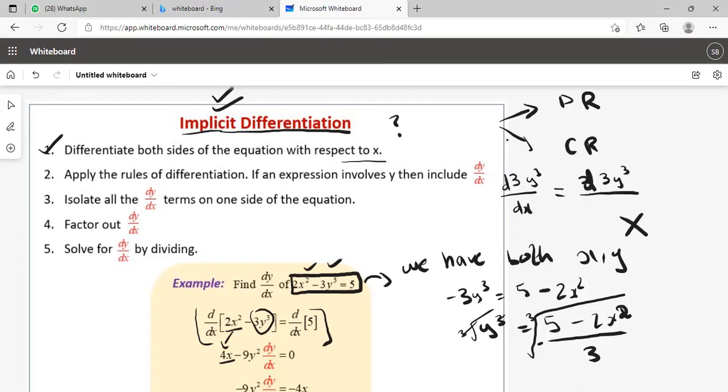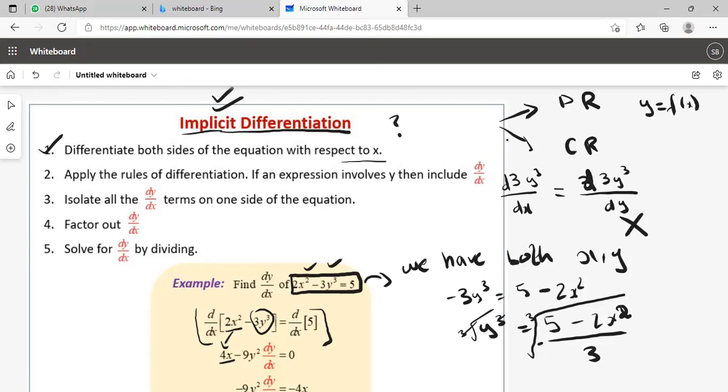You'll be differentiating it with respect to y, because you cannot differentiate y cubed with respect to x. You cannot say that the derivative of 3y cubed is 0. Why? Because y is a function of x. This is what you know, right? It is a function of x and you are not being able to make it look like subject of x.